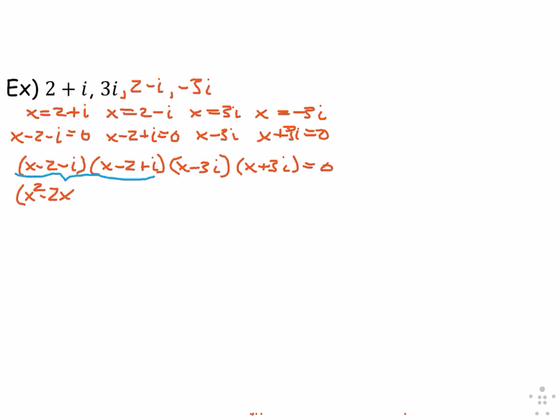So x times i. Distribute the -2. And then distribute the -i. Notice that you put the i before the x like a coefficient.